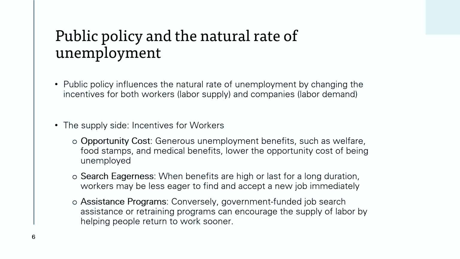Governments can influence the natural rate of unemployment by changing incentives for workers and firms. On the labor supply side, or workers' incentive side, very generous unemployment benefits or food stamps can reduce the opportunity cost of being unemployed, potentially making people less eager to accept the first job offer they get.